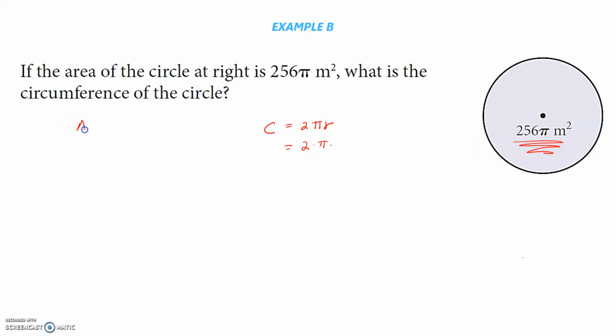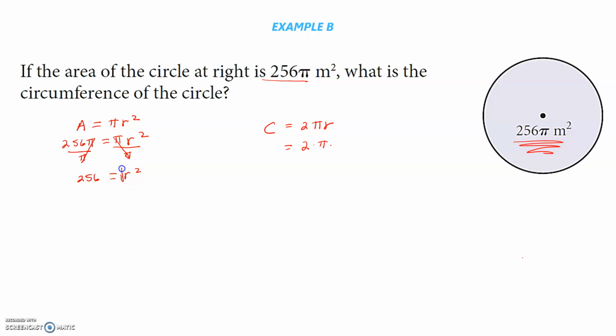So when I back up, I'm going to go over here and say, they're telling me the area, which is pi r squared in a circle. And they're telling me that the area is 256 pi. So that has to equal pi r squared. If I divide this side by pi and this side by pi, the pi's cancel out, and I have r squared is equal to 256.